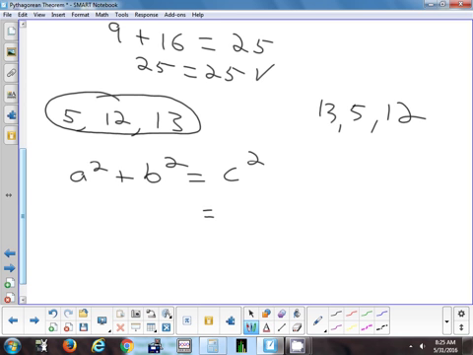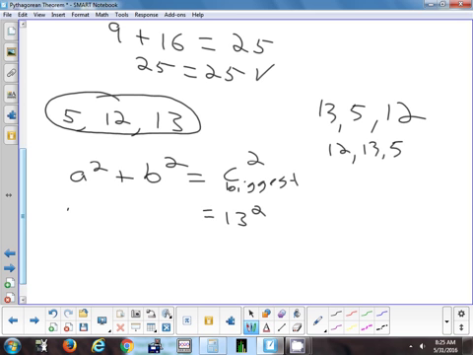You always have to put the biggest number for C. Always. Okay? Doesn't matter the order that they write it in. If they write 12, 13, 5, 13, 5, 12, 5, 12, 13, doesn't matter. Always put in the biggest number for C if you're trying to check it. All right? Doesn't matter what you put in for A and B, as long as you put the biggest number in for C. All right?